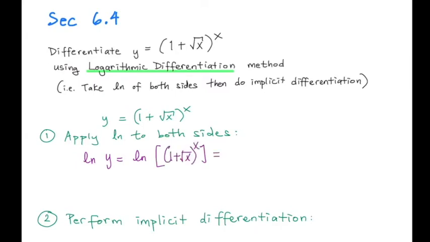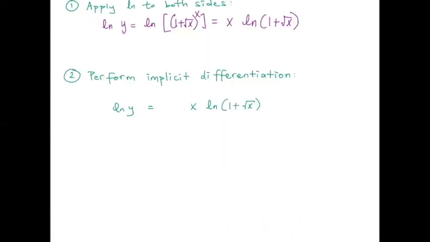And this is the same as x times the natural log of 1 plus square root of x. And then I will perform implicit differentiation. So I wrote down natural log of y and x times natural log of 1 plus square root of x. And I compute d dx.